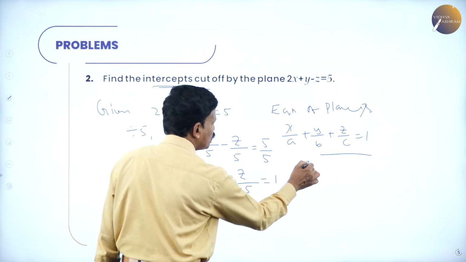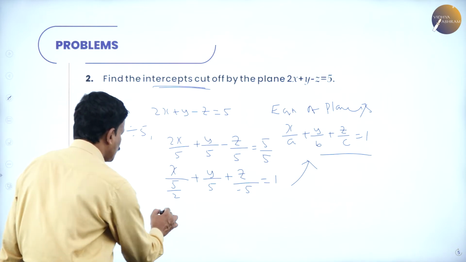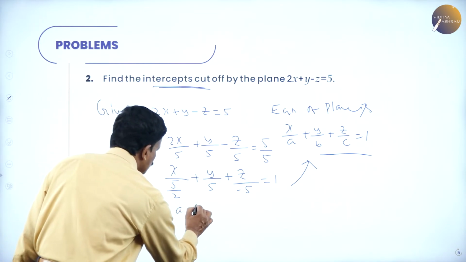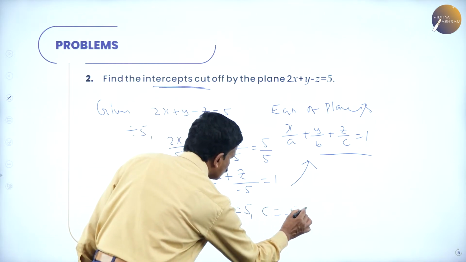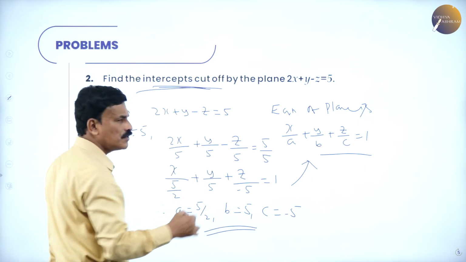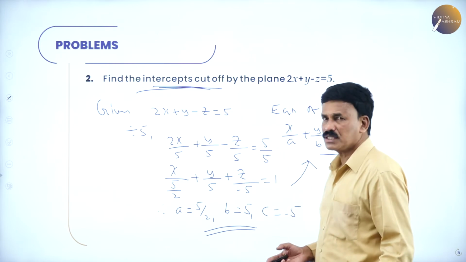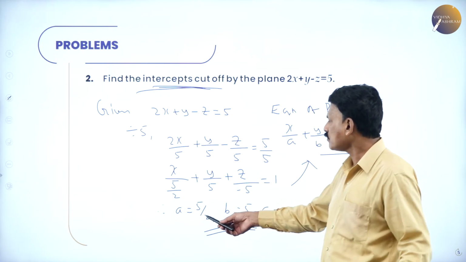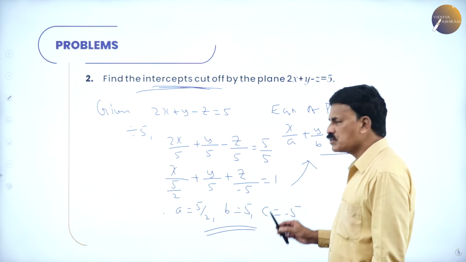If we compare with the standard equation x by a plus y by b plus z by c is equal to 1, you will get a is equal to 5 by 2, b is equal to 5 and c is equal to minus 5. So these are the intercepts which the plane 2x plus y minus z is equal to 5 cuts off. So the intercepts are a is equal to 5 by 2, b is equal to 5 and c is equal to minus 5.